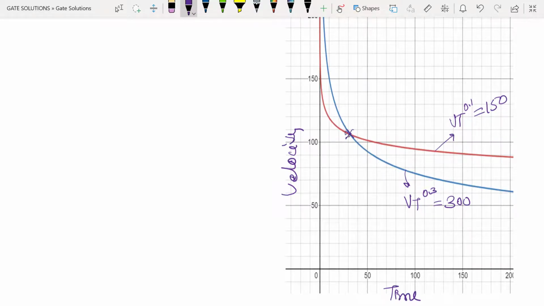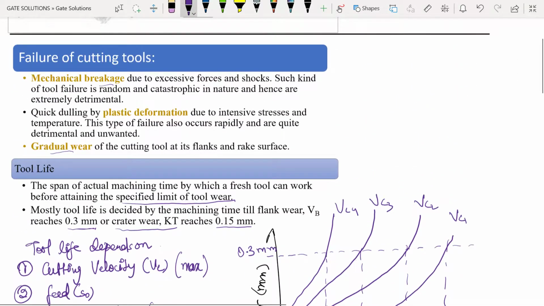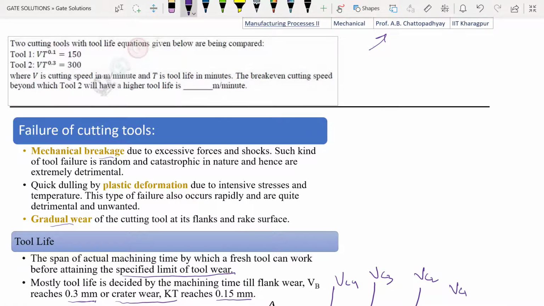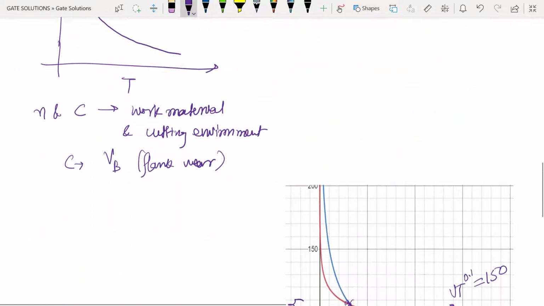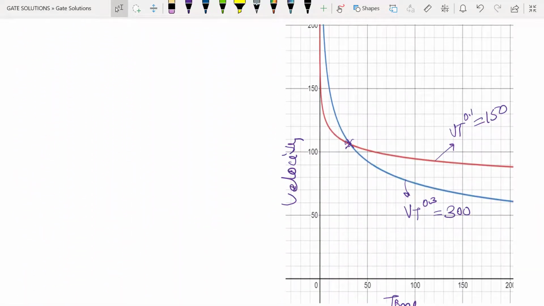What is this point? Above which, as it is written over here, beyond which tool 2 will have a higher tool life. So we can find here, if we go beyond this point and draw this horizontal line, then for the same velocity, this is for tool 2 and this is for tool 1.